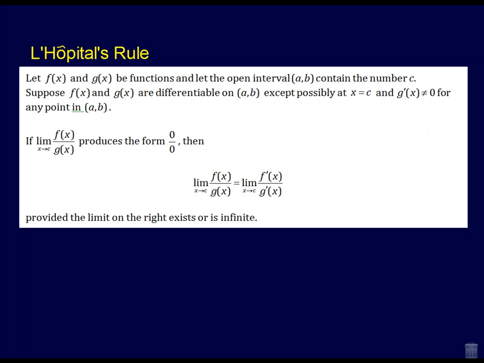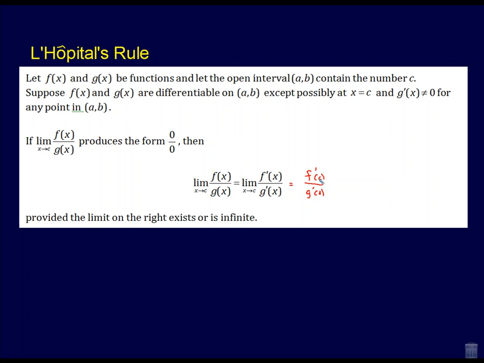So in other words, here you'd be finding f prime of c divided by g prime of c. In other words, those are the slopes of the tangent lines to those functions at x equals c. And if that limit produces an answer, that's what the limit is.